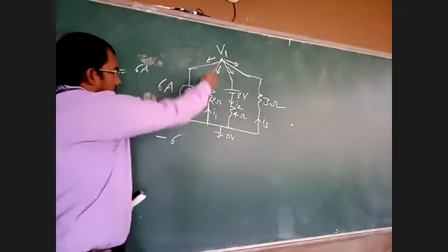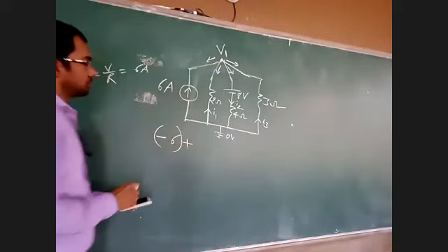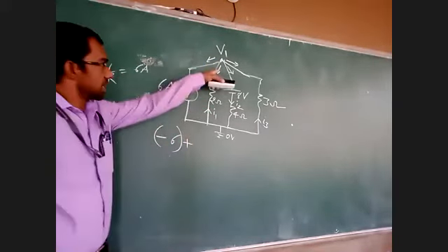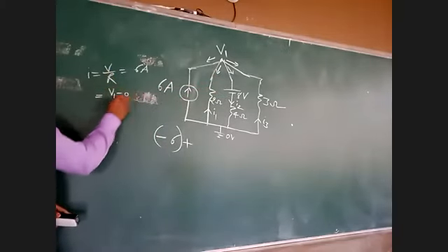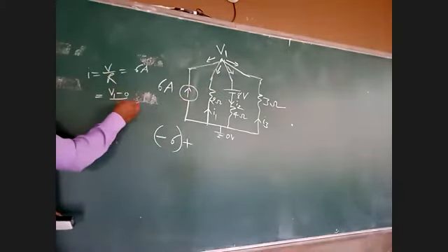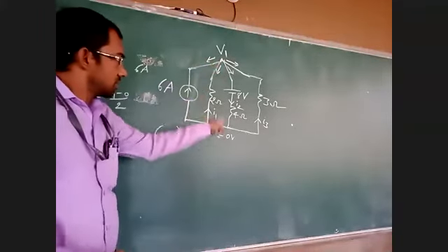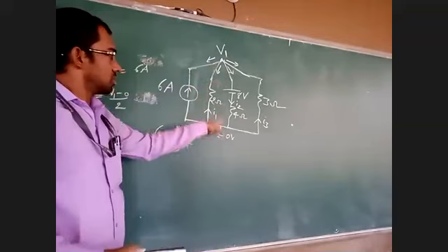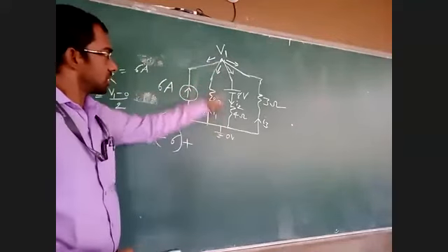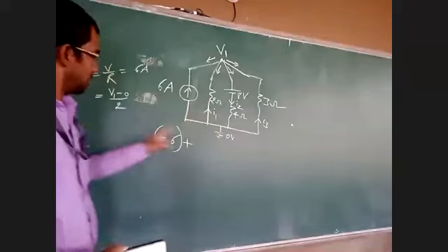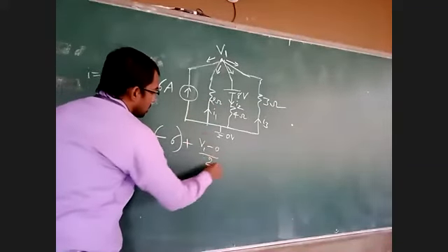Now come here, second branch, plus. What is the current? I is equal to V by R, so V1 minus 0 by 2. This is V1, your arrow is like this, from this node to this node. V1 is at higher potential, 0 is at lower potential. So this is V1 minus 0 by 2.